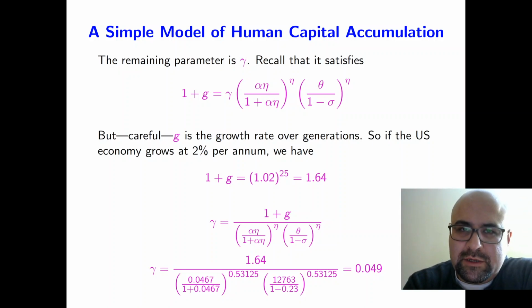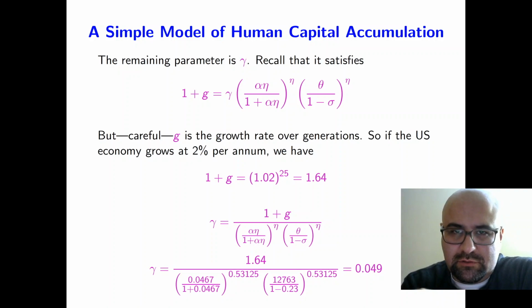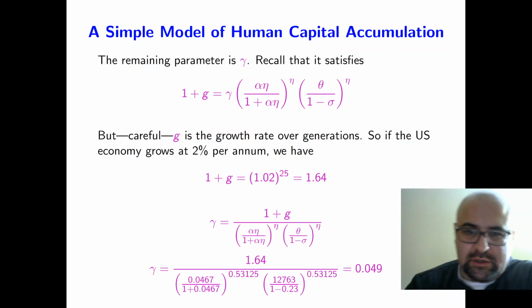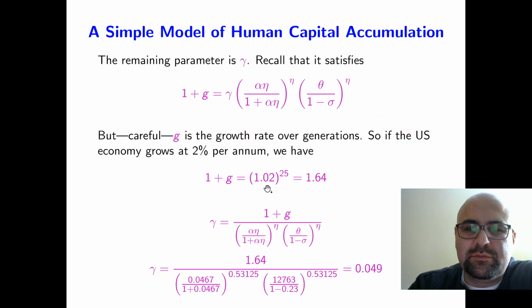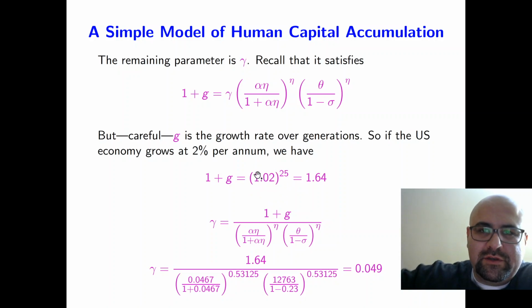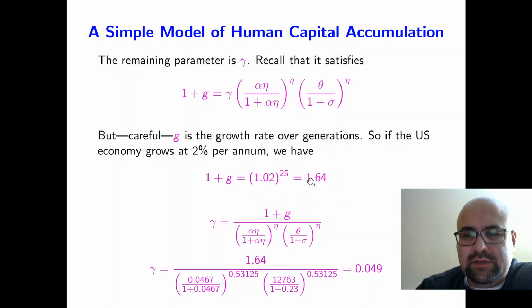But remember, T is not a year in this model. T is 25 years. So we must convert that annual target to a generational level, okay? And that's the simple formula that you can use, because if the growth rate is fixed at 2%, and if 25 years pass, then that would be the growth rate from t equals 0 to t equals 25.